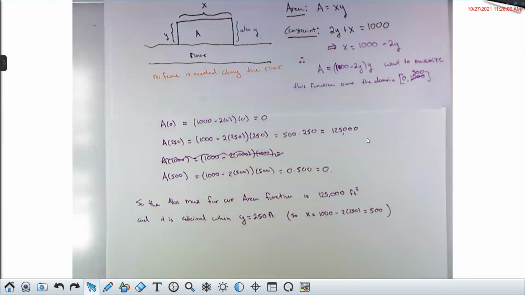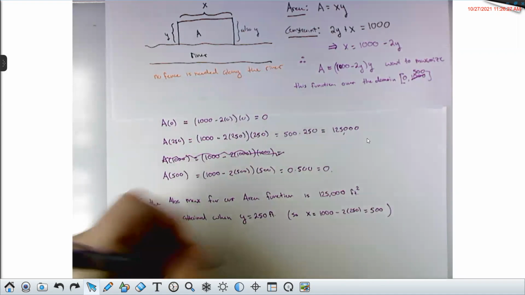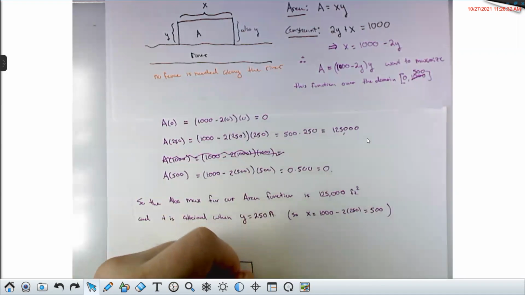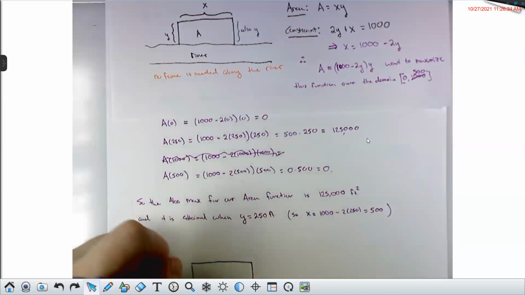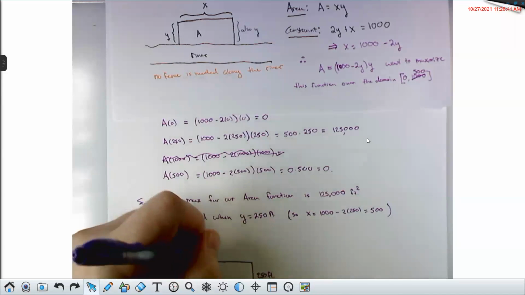So in other words, the pen that maximizes this area is twice as wide as it is tall. This would be 250 feet, 250 feet, and 500 feet.